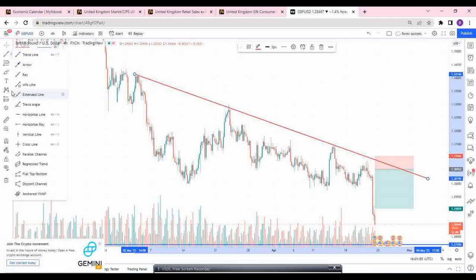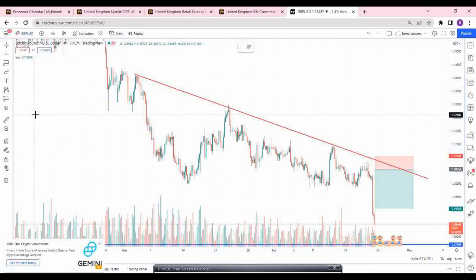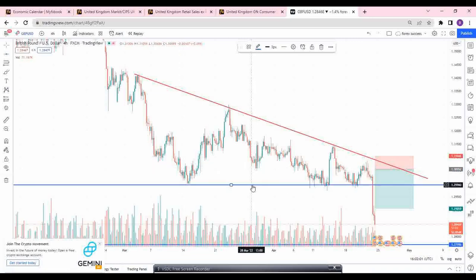Good. I need to spot out the support level. Nice. So support level set. Guys, seeing this support level and this trend line, it is already giving me the second condition that this GBP USD is going to sell right here.